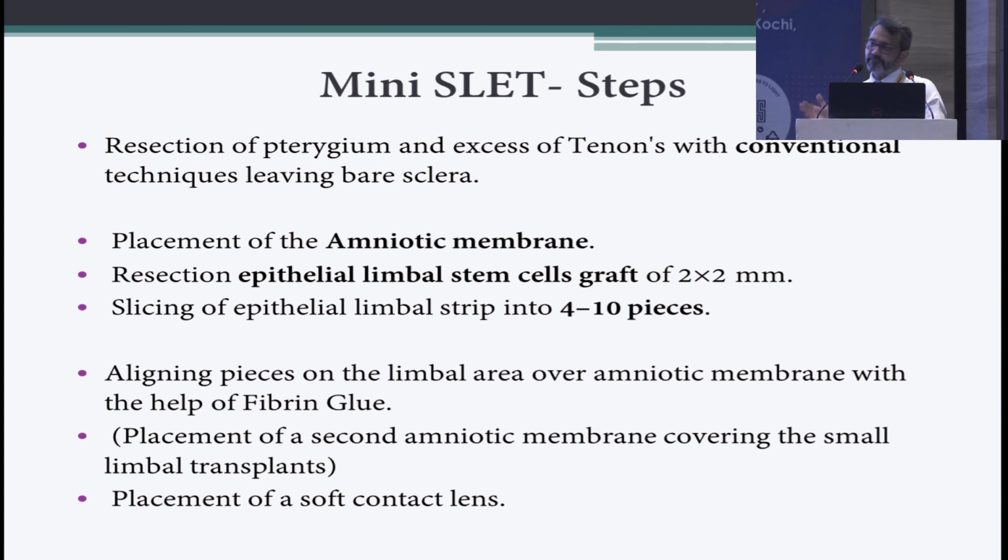Some people have put a second layer of amniotic membrane graft over those small pieces of limbal stem cells, and some have fixed the stem cell pieces with fibrin glue on the limbus. You finish the surgery with the placement of a soft contact lens, so that for the initial few days the stem cell pieces remain in place.